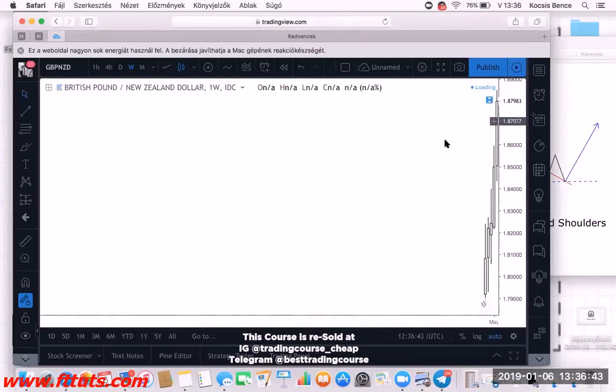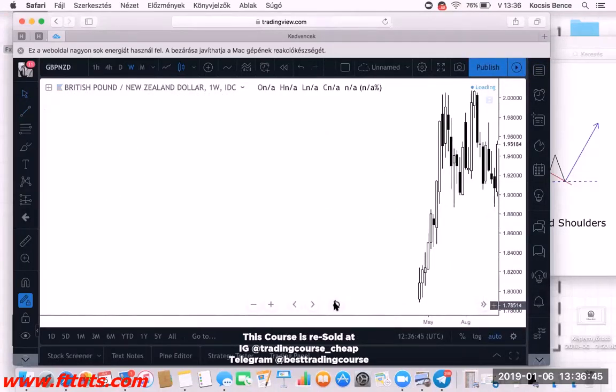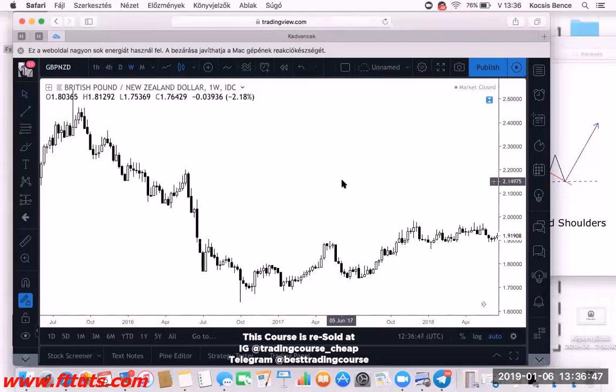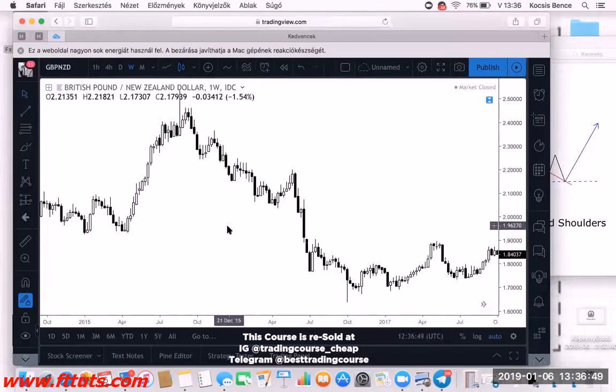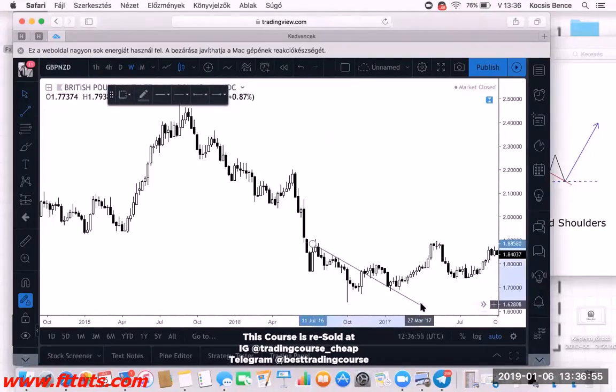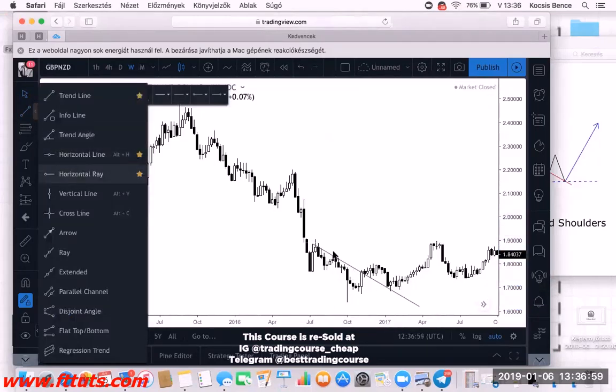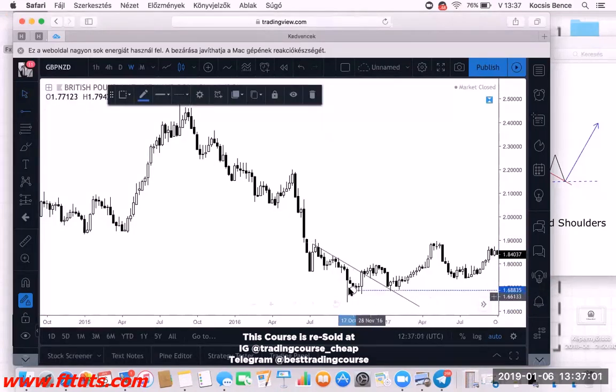Let me try to find the other double bottom in the other place. The trend line is broken. Price makes the retest on the trend line, and it creates the same lows.